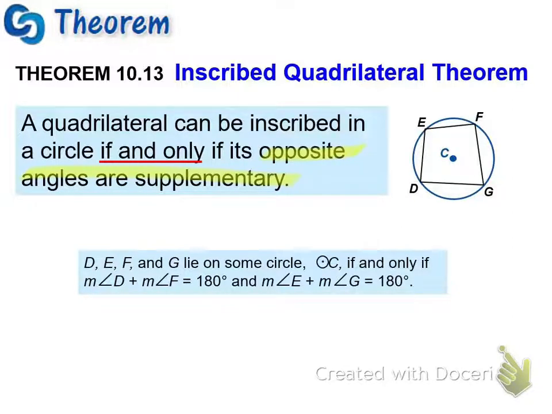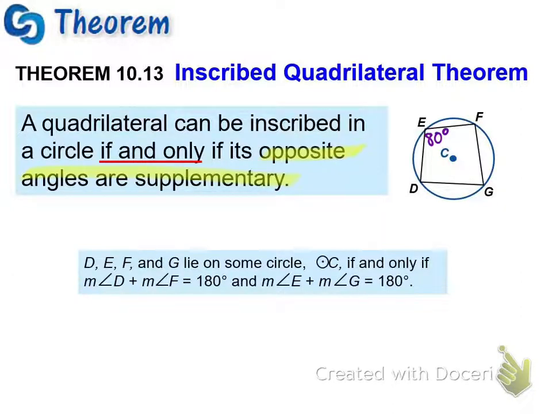Or I guess you write it and then highlight it. The opposite angles are supplementary. What does supplementary mean to me? Add up to 180. So the opposite angles are supplementary. So if E is 80 degrees, what angle is opposite of it?